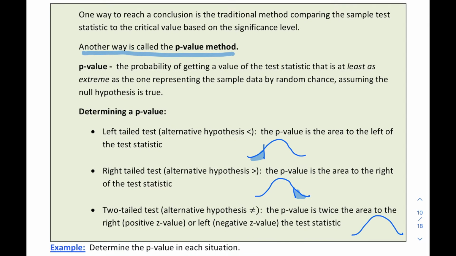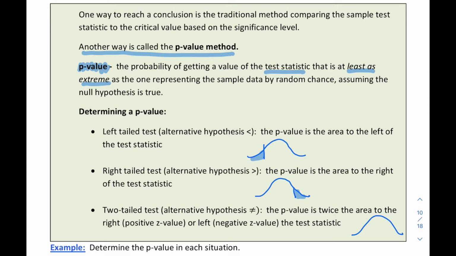So what a p-value is, to start with, it's the probability that we get a test statistic from our sample that is at least as extreme as the one representing our sample data by random chance, assuming that our null hypothesis is true. So it's basically like, hey, assuming my null hypothesis is true, what's the odds that I get a sample where the data is this extreme?